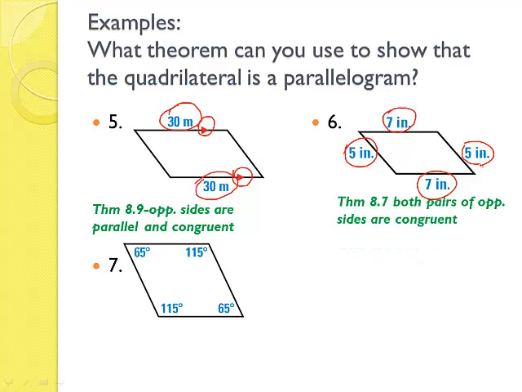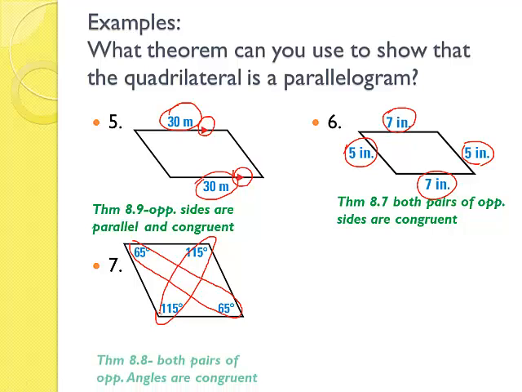Both pairs of opposite sides are congruent. Now, number 7, it's kind of up to you which one you want to use. I personally, just because I think it's easier to remember, I see that I have both pairs of opposite angles are congruent. So that would be the theorem that I would use.